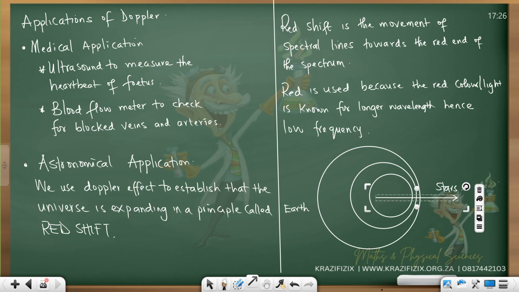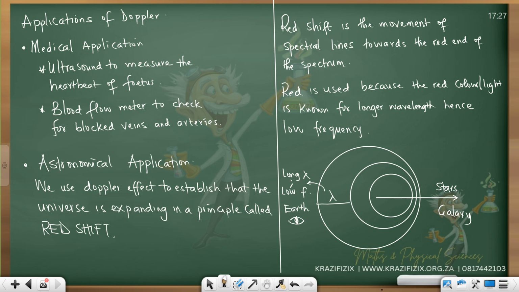The distance between the stars and the Earth, the galaxies, and whatnot, is expanding. Now, what are we going to observe here on the Earth? If we have the Earth eye, we are going to experience what? A long what? Wavelength. Therefore, we are experiencing low what? Frequency. And if you check your spectrum from grade 10, when we're doing ROYGBIV, red has the longest what? Wavelength.